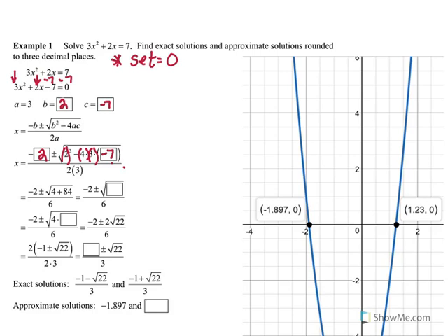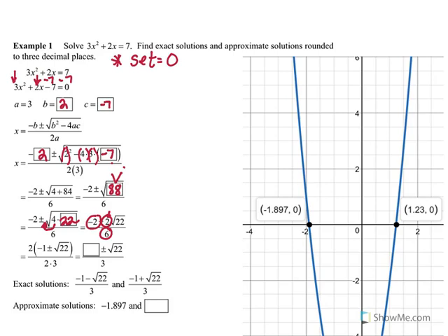84 plus 4 we know is 88. I can simplify and break down 88 into 4 times 22, because I can take the square root of 4, which is 2. And then I notice that negative 2, 2, and 6, all these outside numbers, not including the one on the inside of the radical, are all divisible by 2.